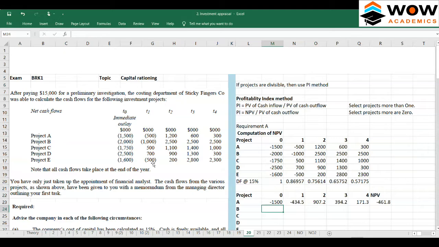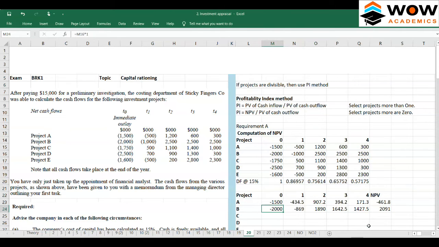For the next one, we'll just copy from the previous line and see how it works. It's going to be 2000 into 1, that's correct, into 0.869, that's correct, into 0.756, that's correct, into 0.675, that's correct, 0.571, that's also correct. Let's get the answer. The answer is 2091.